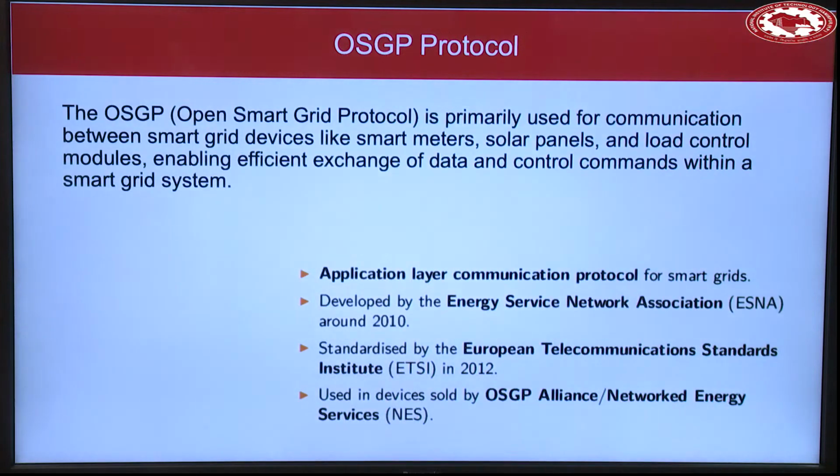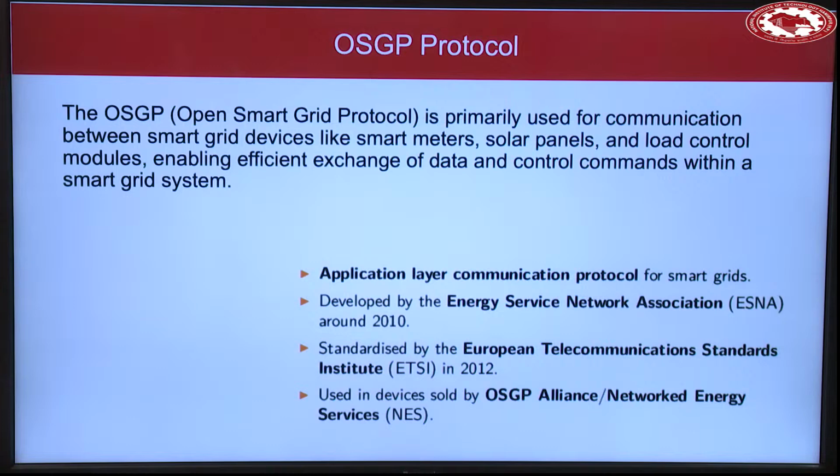Say, Open Smart Grid Protocol is primarily used for communication between smart grid devices like smart meters, solar panels, and load control modules, enabling efficient exchange of data and control commands within smart grid systems. This protocol is an application layer protocol developed by the Energy Service Network Association in 2010. It became a standard of the European Telecommunications Standards Institute in 2012.